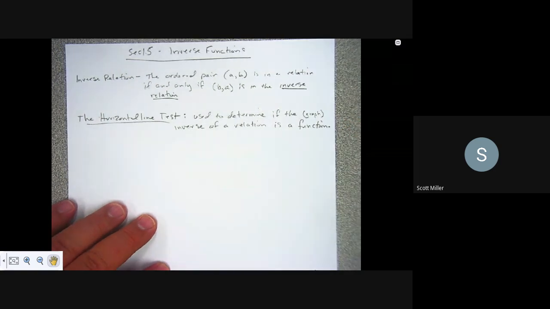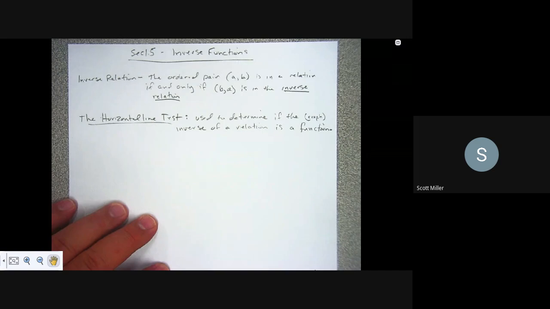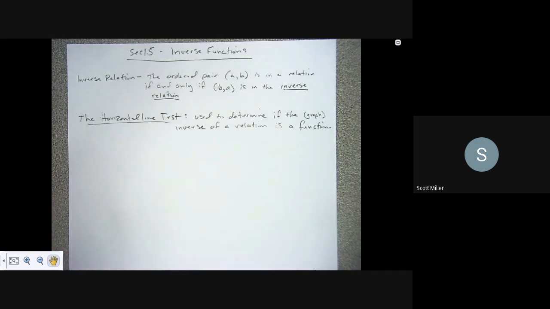Just like the vertical line test: if I look at the graph of a relation and I can draw any vertical line anywhere I want, and it hits that graph more than once, then the graph is not a function. If it can only hit the graph at one point, no matter where I draw the vertical line, then the graph is a function.